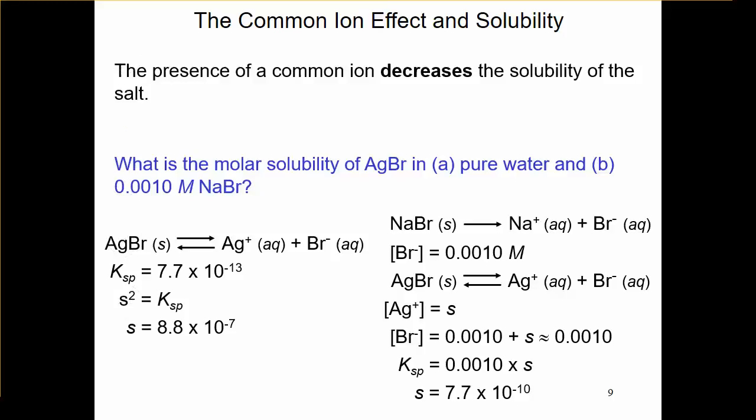So it was 8.8 times 10 to the negative 7, but when you added the bromide, it caused that shift to be 7.7 times 10 to the negative 10. So it is now less soluble because of the presence of that common ion. Essentially, you're just adding this to the S of the bromide, which makes it approximately 0.001. Drop that plus S. So 0.001 times S equals 7.7 times 10 to the negative 13.